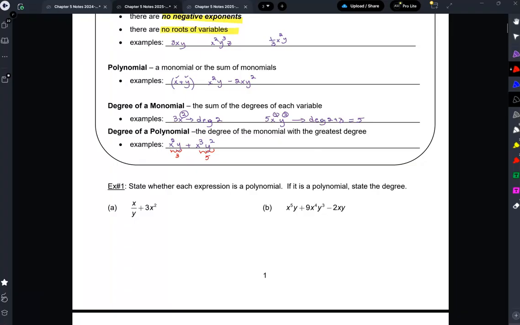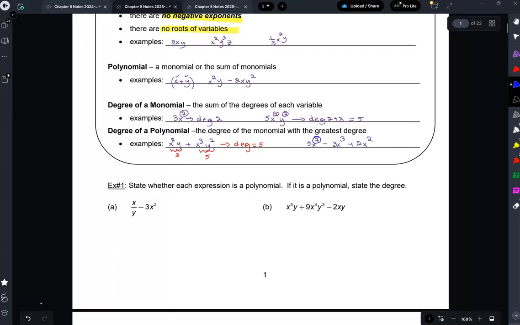This has a degree of 5. So the degree of this one is 5. Okay? And then if you have, let's say, 5x to the 7 minus 3x cubed plus 2x squared, then which one is the term with the highest degree? That's this one. So 7 is the degree.